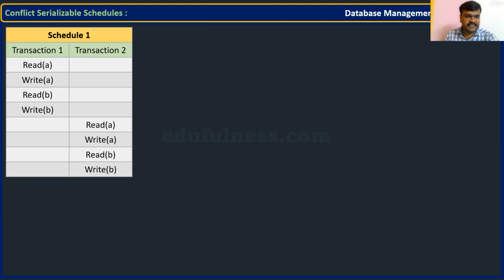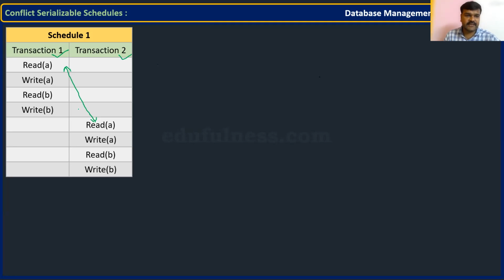We took one schedule here, in which you have two transactions, T1 and T2, that is transaction 1 and transaction 2. If I take these two, do they conflict with each other or not? Let us recap the points we discussed in the last slide.